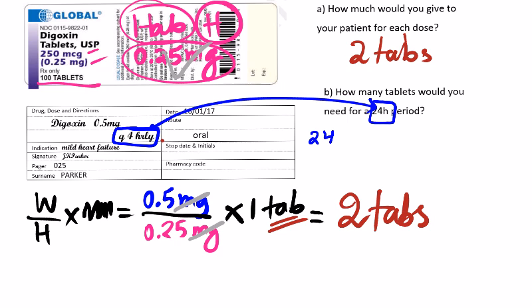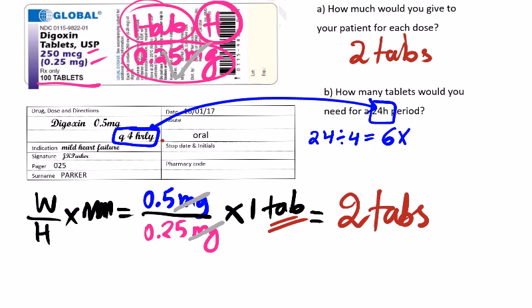So 24 divided by 4 would give us 6. So it's actually 6 times in 24 hours. And if you need it once, you would count there. So every 4 hours, 4, 8, 12, 16, 20, 24. So we have 6 lots of 4 hours in 24.